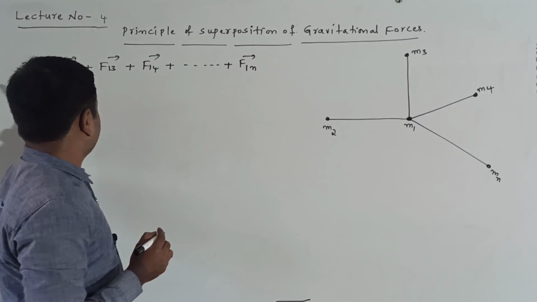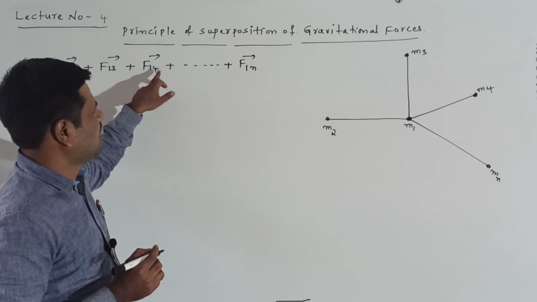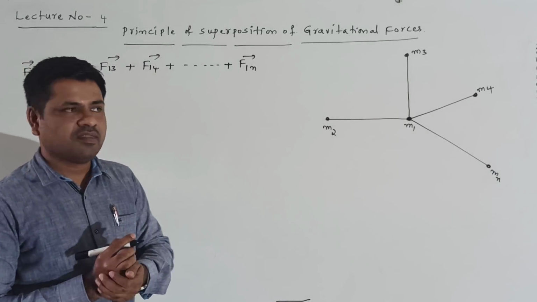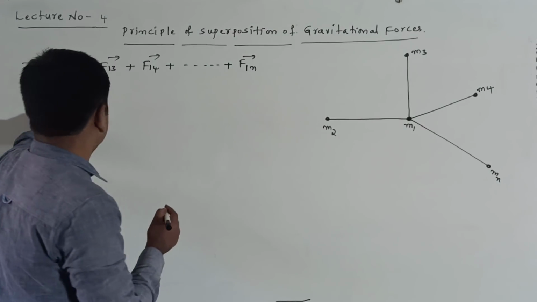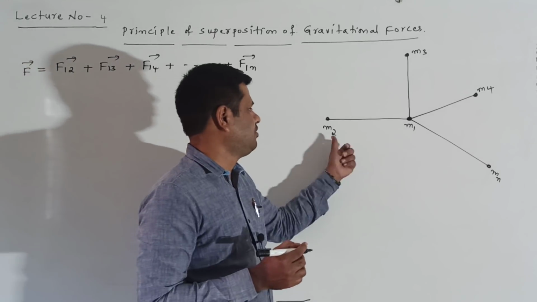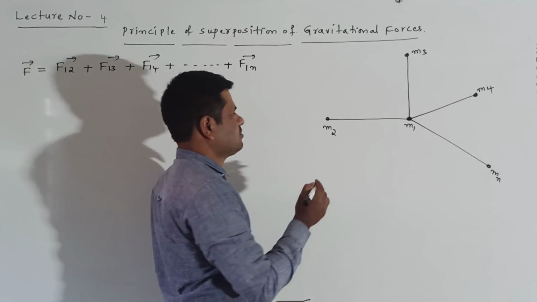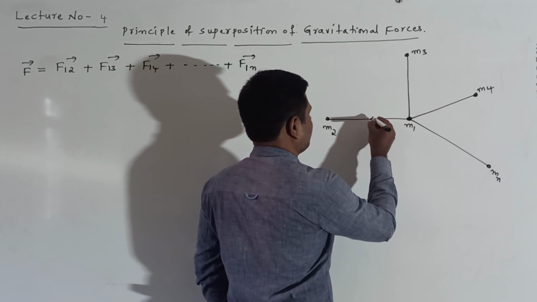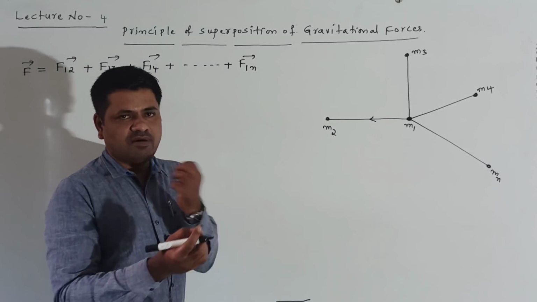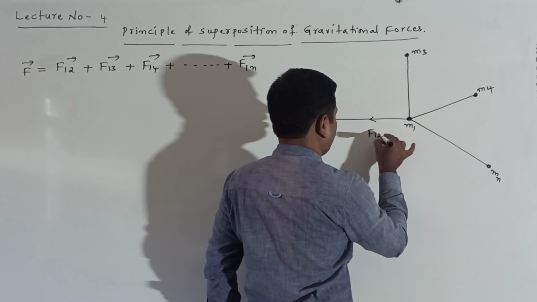But what is the direction of F12 bar, F13 bar, F14 bar, up to F1n bar? Listen here. F12 bar is the force acting on the M1 mass due to M2 mass. This means M2 mass is attracting the M1 mass, so we give the force direction in this direction.